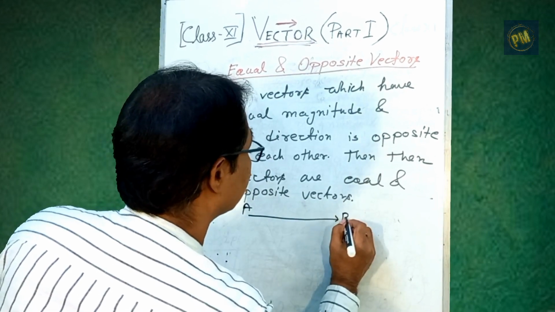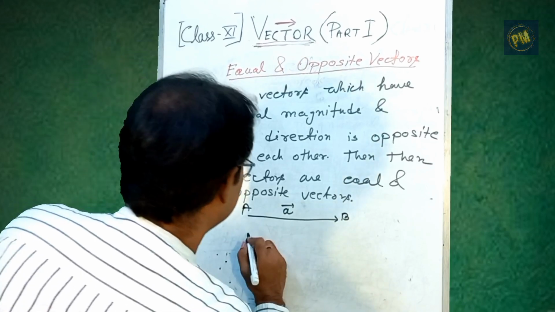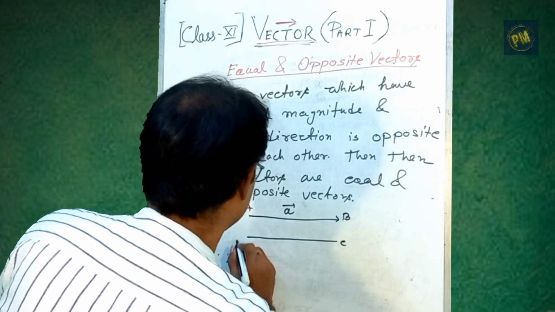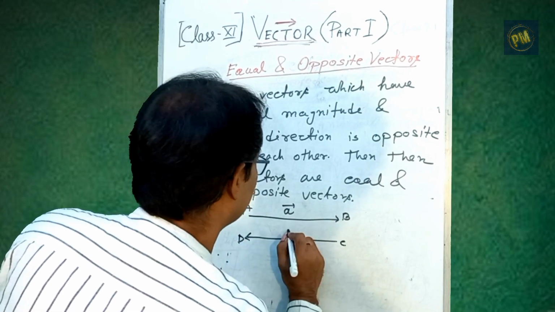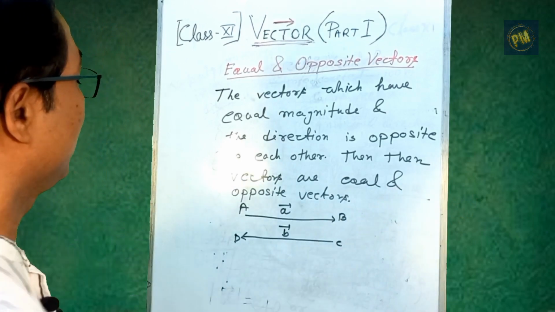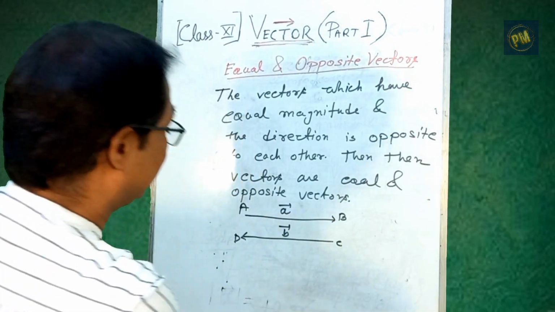AB is a vector A and CD is another vector B. AB has the direction in this direction and vector B, that is CD vector, has this direction.